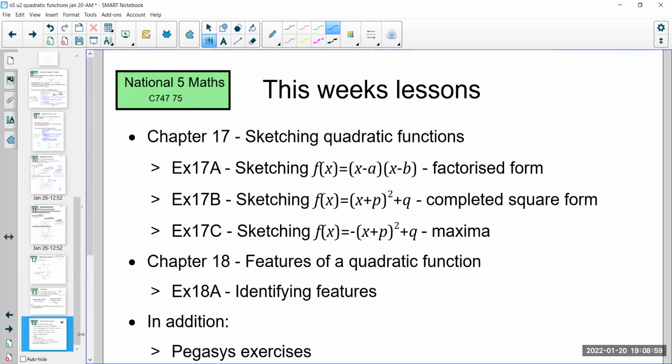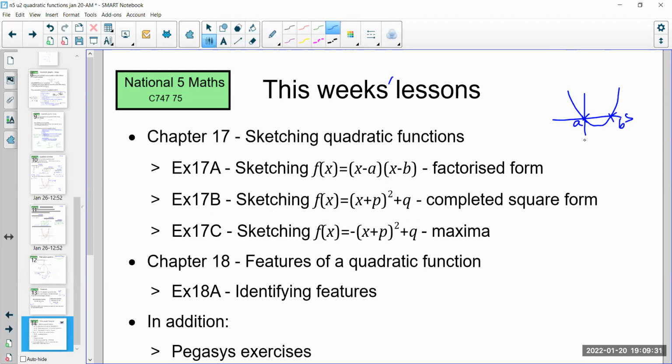Okay, so to finish up this week's lessons, you're going to do sketching quadratic function in the factorized form. So remember, a and b are going to be here my roots. That means when you're going to have a parabola, this is going to be a, this is going to be b. Roots is when y equals 0. You're going to sketch function with completing the square.